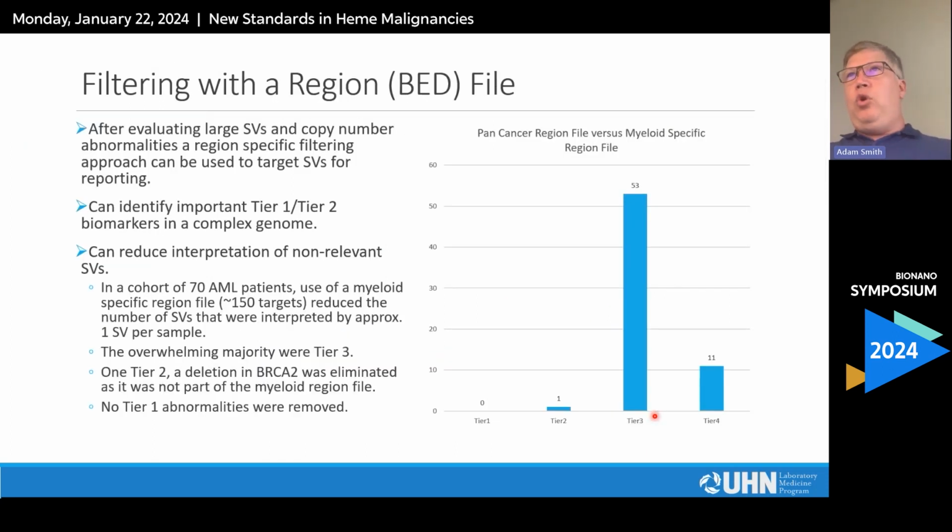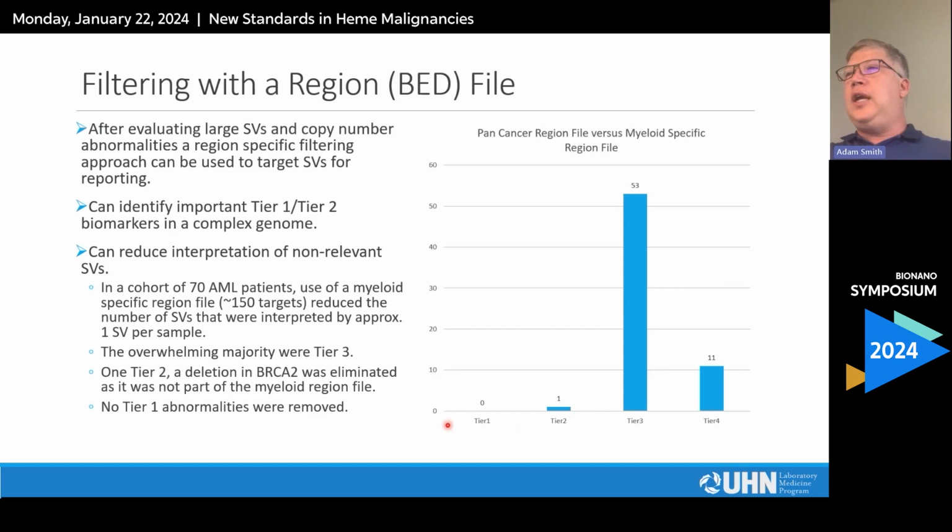And we've done some work with our filtering with bed files. We have both a pan-cancer file and a bed file that's myeloid specific. And when we use a comparison on 70 AML cases using both of those analysis approaches, basically by using the myeloid file instead of the pan-cancer gene list, so 140 genes roughly versus about 1,100 genes, what we see is that we're just not going to evaluate a bunch of tier 3 and tier 4 findings that with the myeloid region file that we would have had to evaluate with the pan-cancer file.